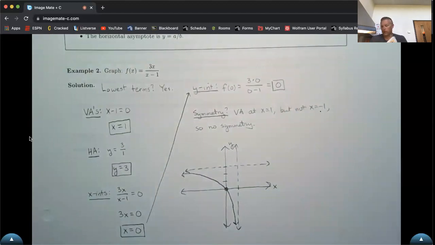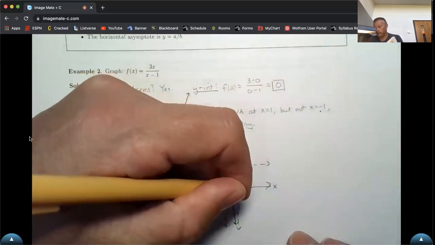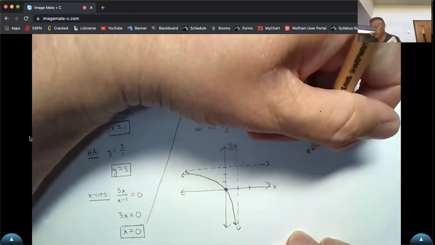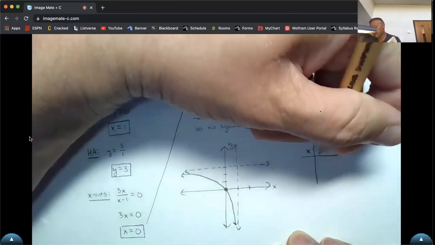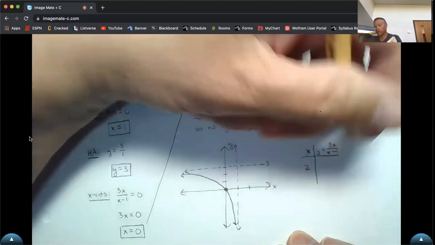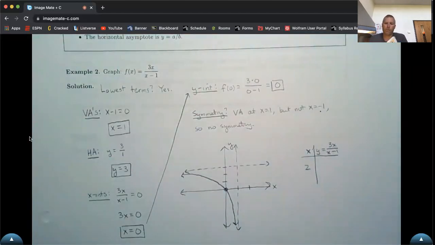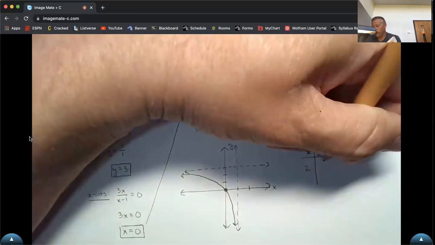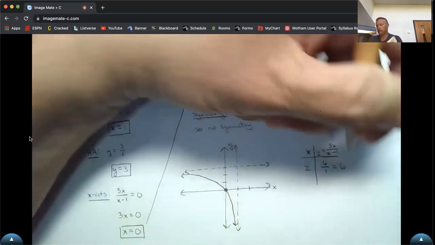To find out what's going on the right side, just pick a number on the right side, like x equals 2. So let's put 2 into our function. On top, you'd have 3 times 2, which is 6. On bottom, you'd have 2 minus 1, which is 1.